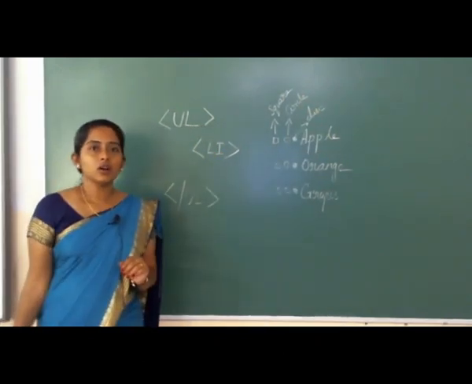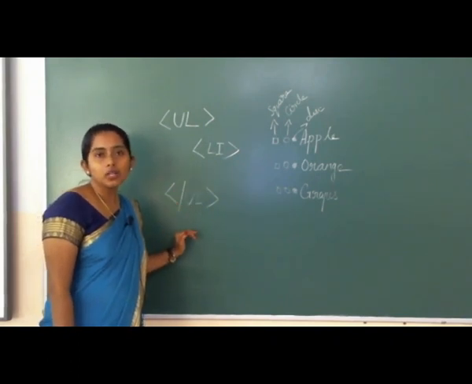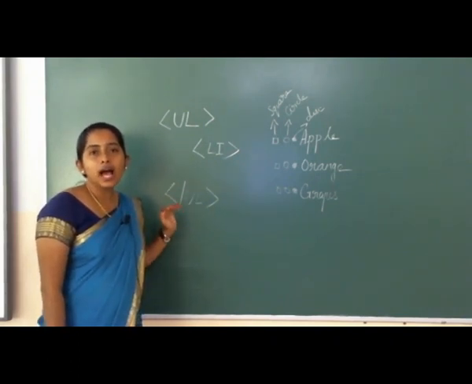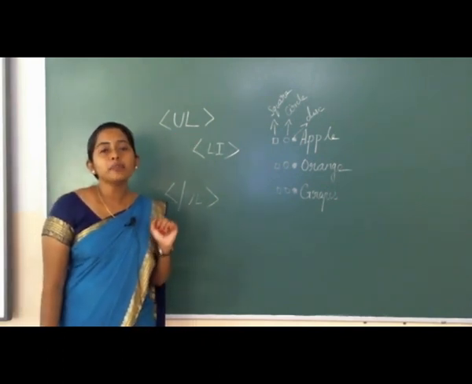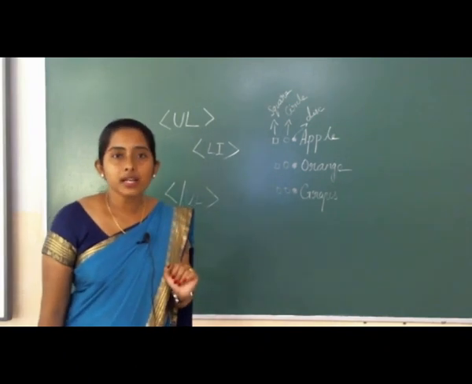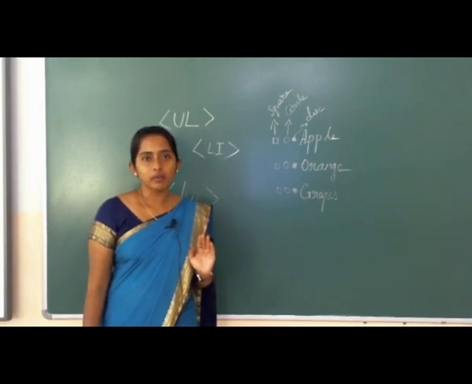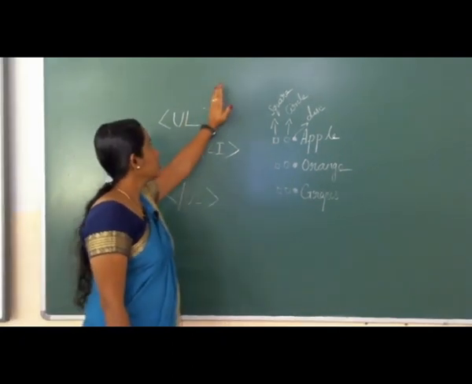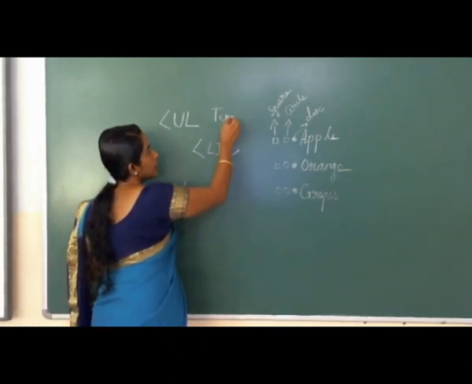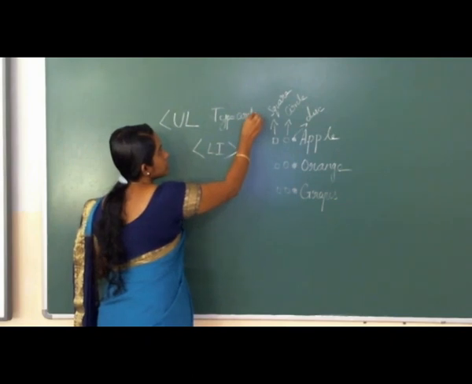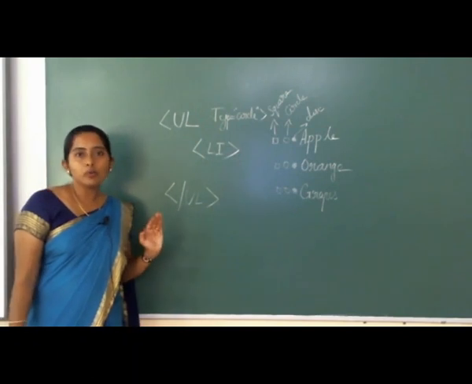Got it? So in the unordered list, the main attribute of the UL tag is the type attribute, to specify which type of bullets we are using in this program. Along with the UL tag, you can mention type equal to circle within double quotes, otherwise without double quotes, no problem.